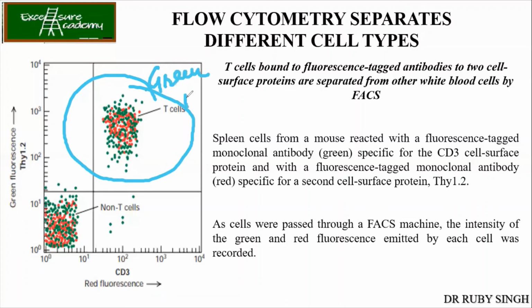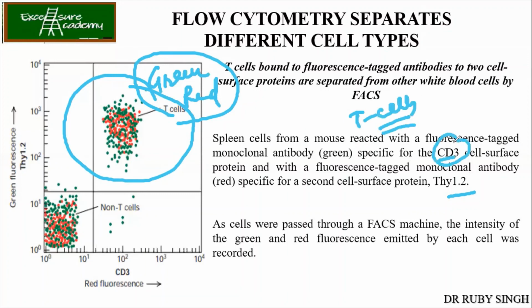So both green and red fluorescence is there, and we know that green and red are for CD3 and Thy 1.2. We also know that on T cells, both of these surface proteins are present. So whatever is being collected now is your T cell. This is how your data looks like in the FACS, and this is how you interpret the data.